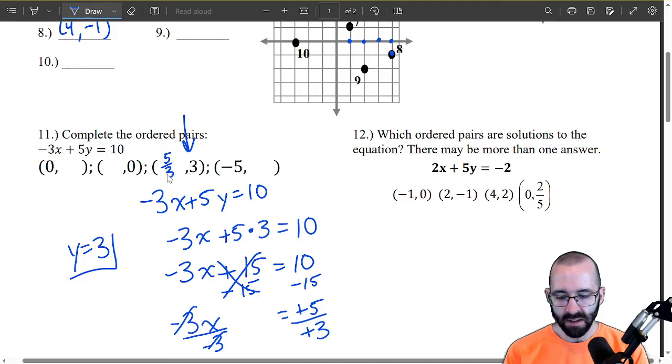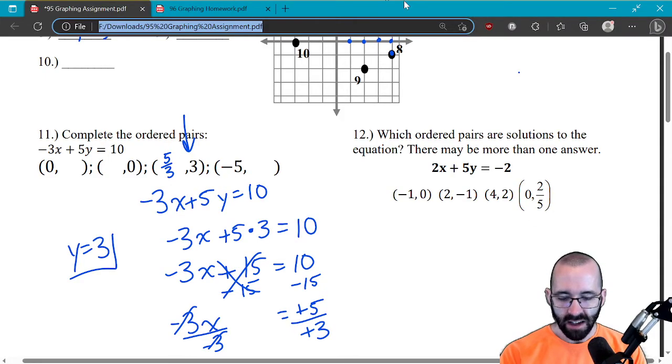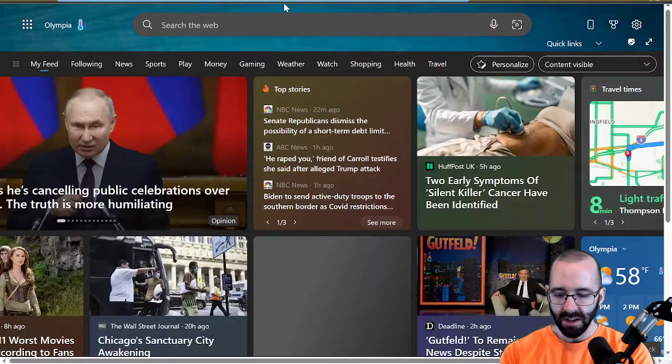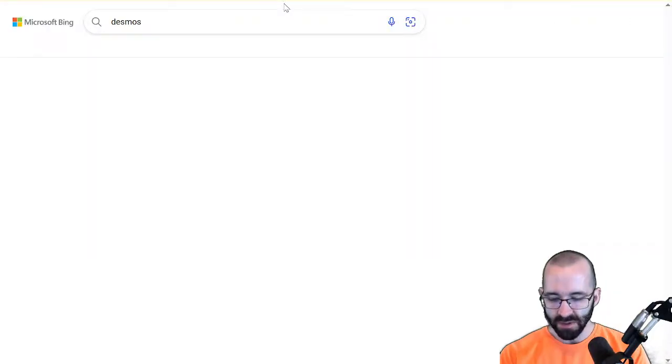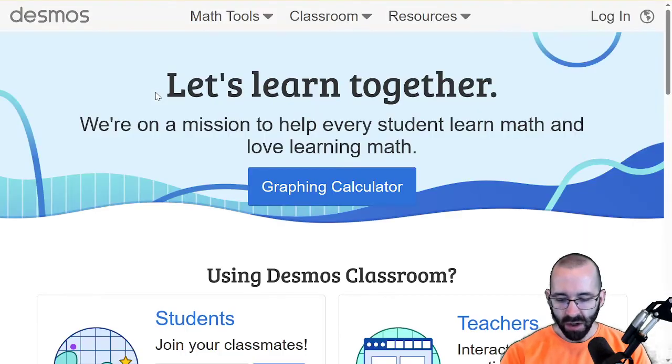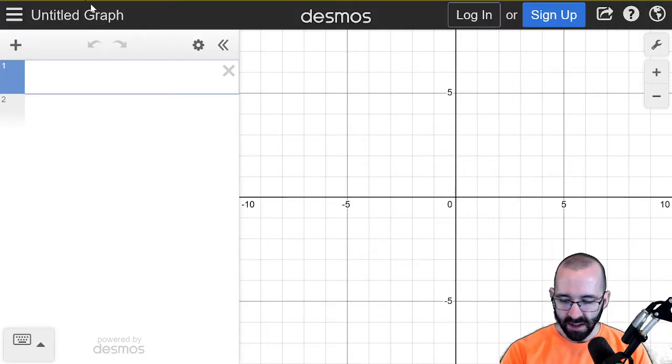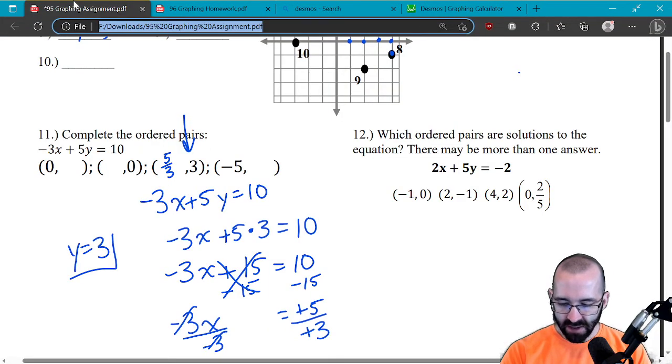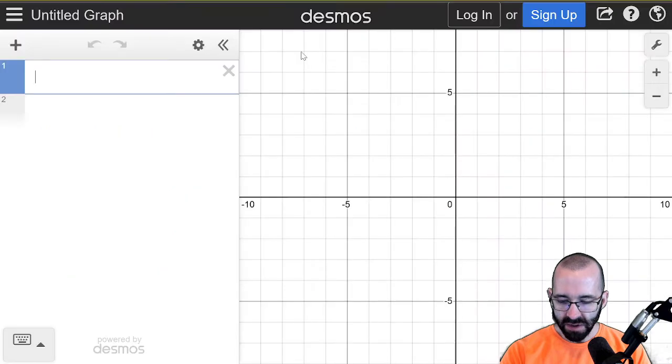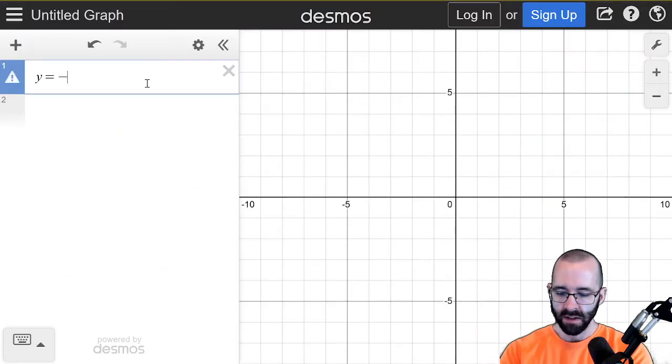That's our answer. And in fact, a lot of these, you can check your answer with something like Desmos, or a graphing calculator. We know the equation is -3x + 5y = 10.